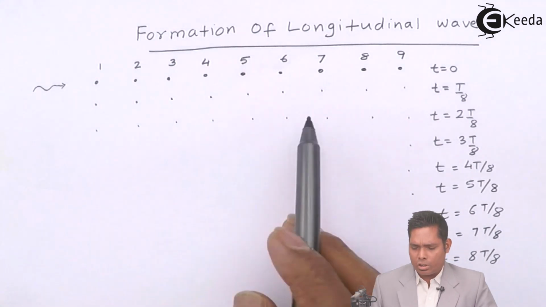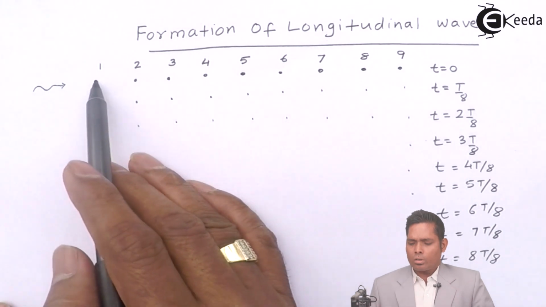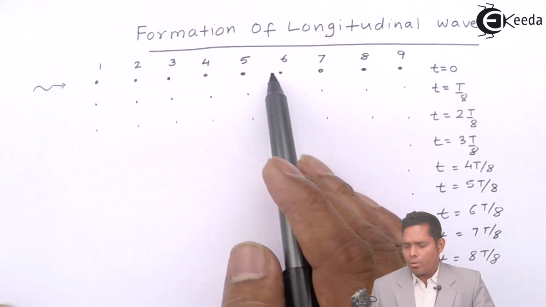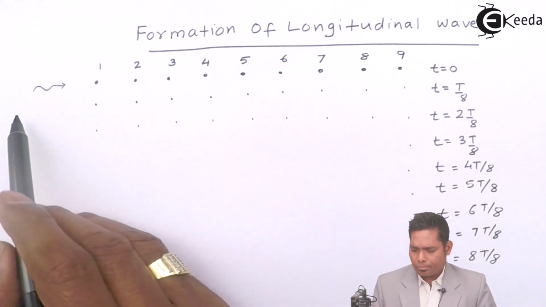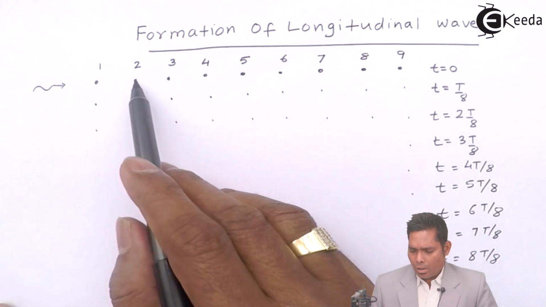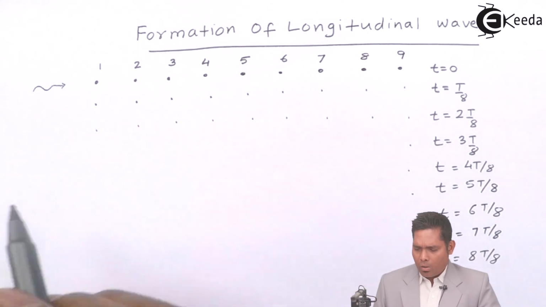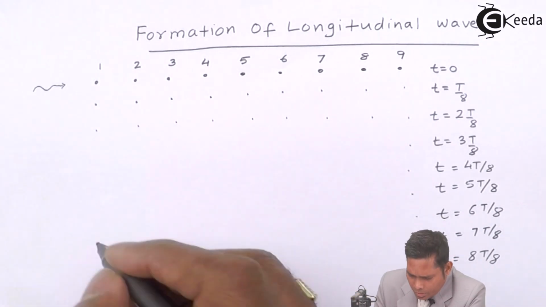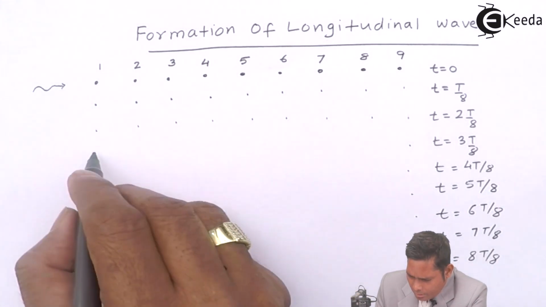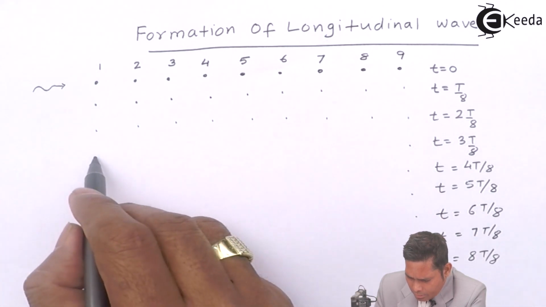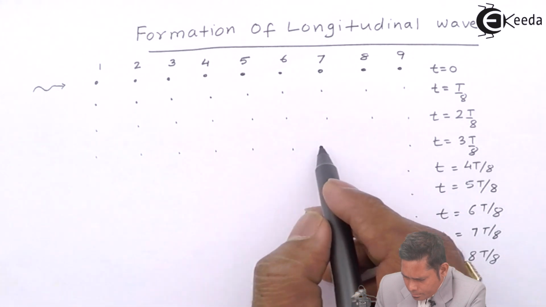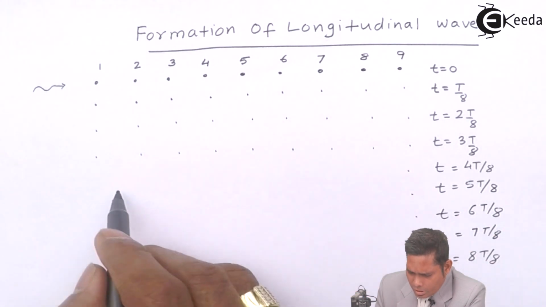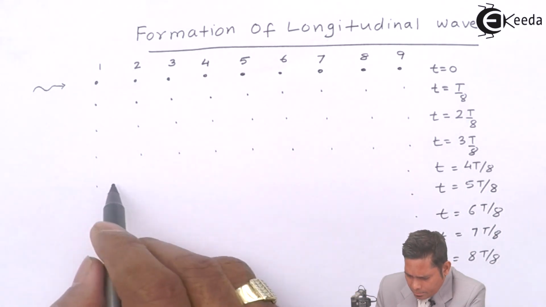During one oscillation of this particle, we see how the particle which is at a distance of one wavelength apart, how that is divided, how this particle will behave. So now this is the line. I'll just draw it first. 1, 2. This is the initial position of the particles.